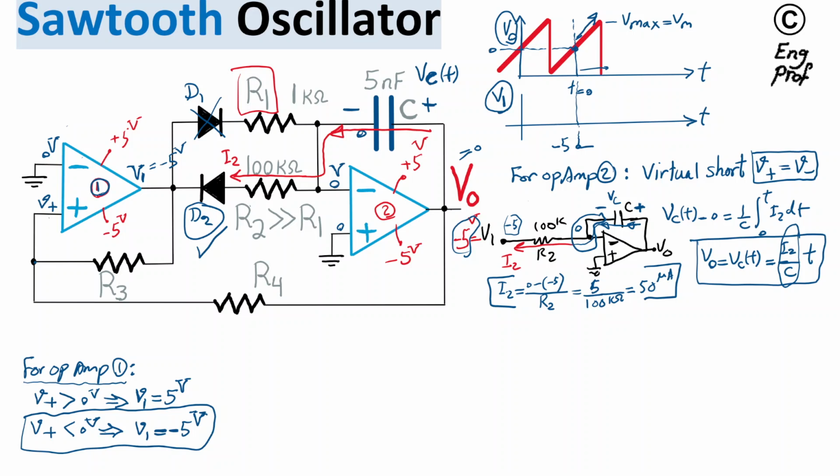Okay, so take a look at what we have here. I'm going to focus on the schematic of the circuit. We have V1 at negative 5 volt at the output of op-amp 1, and we have Vout that is increasing. In this circuit, as a practical example, we make the assumption that R3 is equal to R4 equal to R2, all of them 100K.